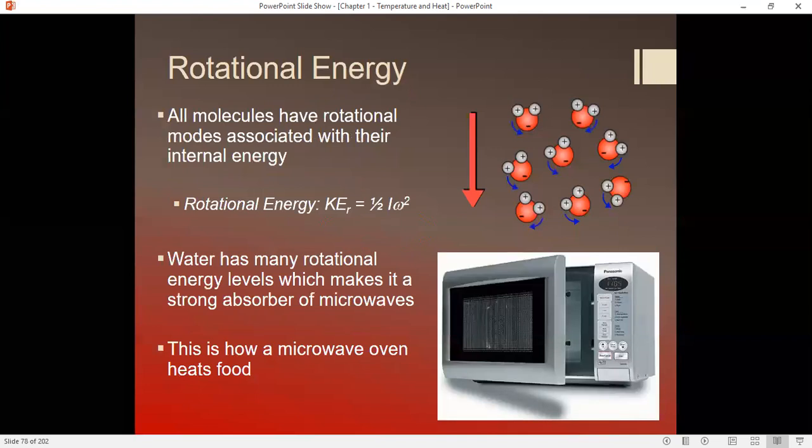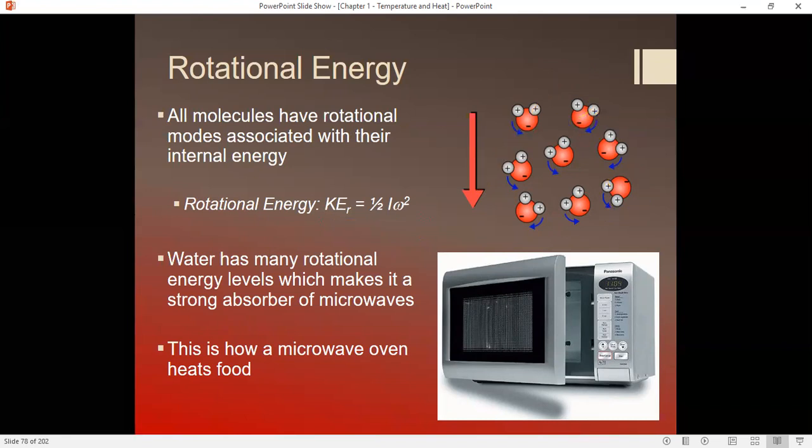Rotational energy. Not only can molecules translate, move around, not only can they vibrate, but they also can rotate. And in physics 1, we found out that the kinetic rotational energy is equal to 1/2 I omega squared.